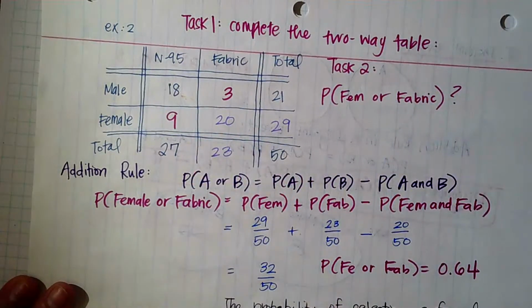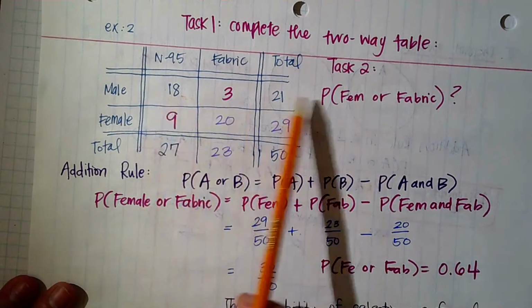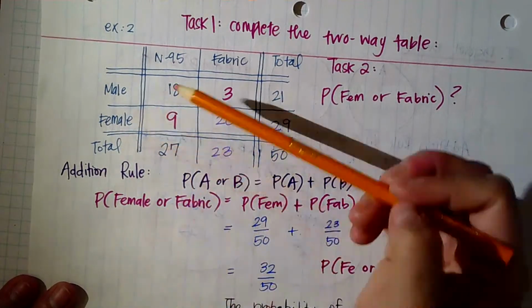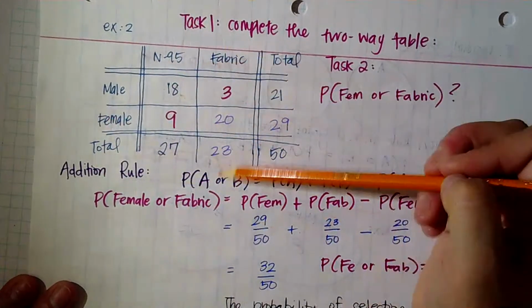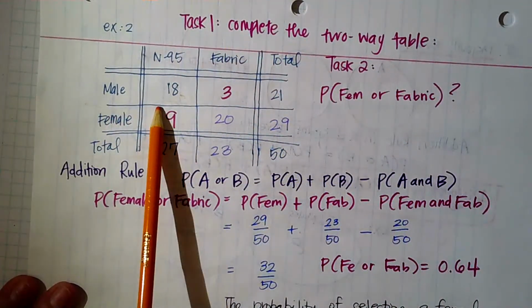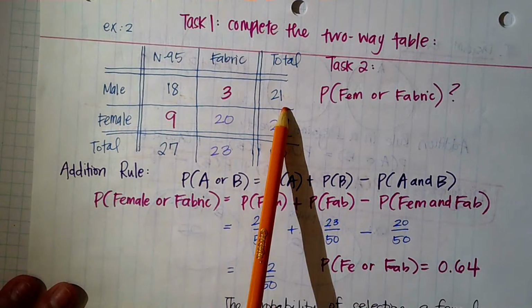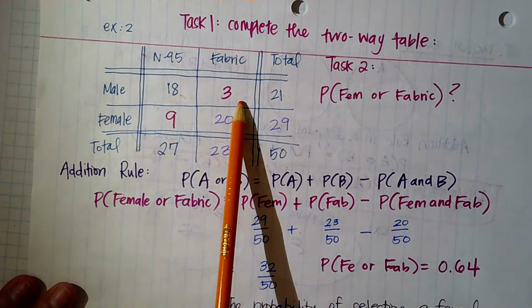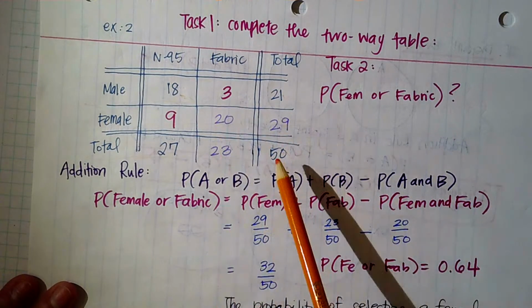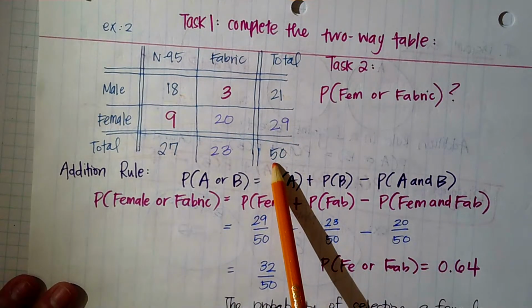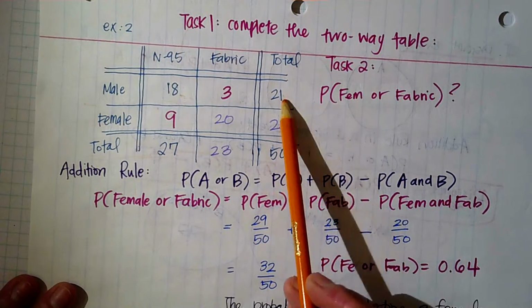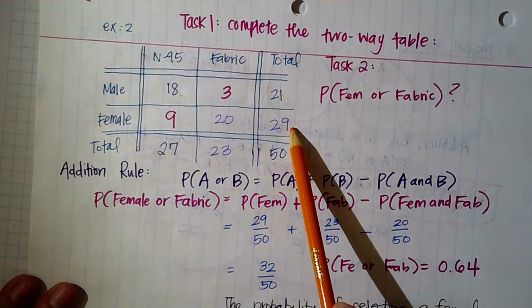Notice language is really important here. Again, everything must add up horizontally and vertically. If there were 18 male N95 wearers and a total of 21 males, that means 3 of them had to be fabric mask wearers. If there was a total of 50 people in the survey and 21 were male, that meant 29 had to be female.